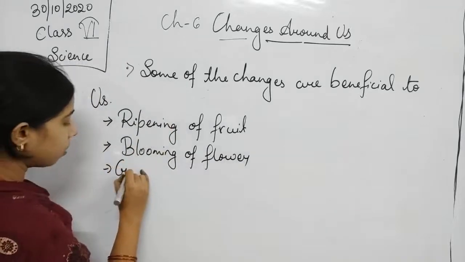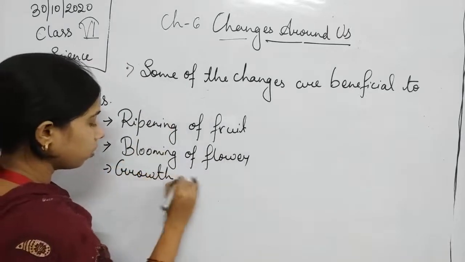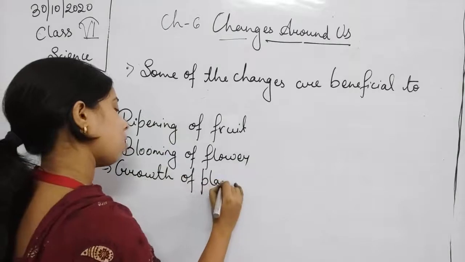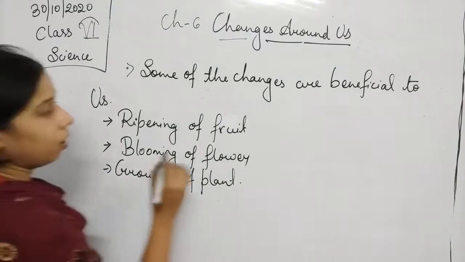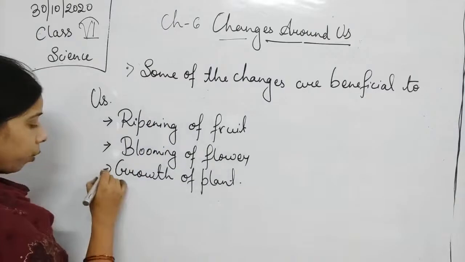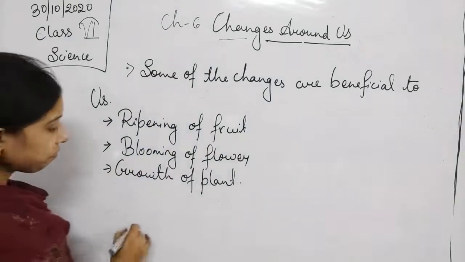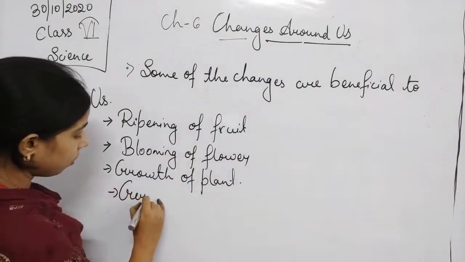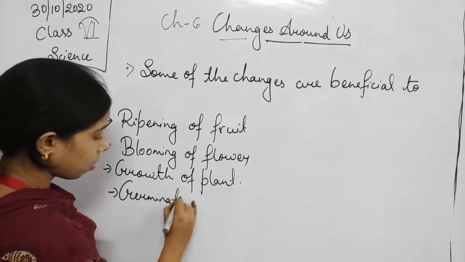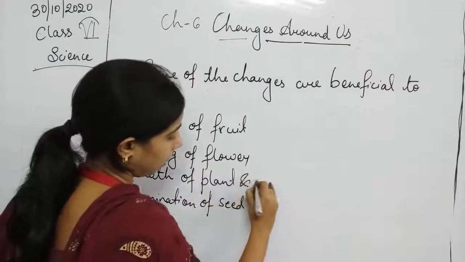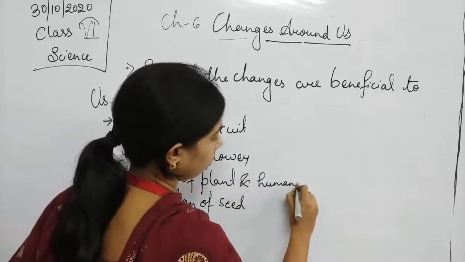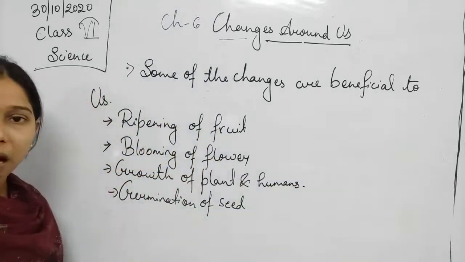Growth of plants. A lot more are there. Germination of seeds, in plants and human beings, or any of the animals.